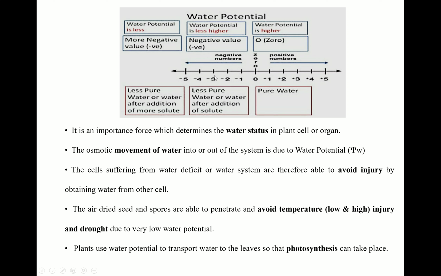So when you observe the negative value, if you keep on adding solute, what is solute? Any solid substance which you mix with the water. For example, sucrose can be considered as a solute. So if you keep on adding the solute, then the water potential will be negative.